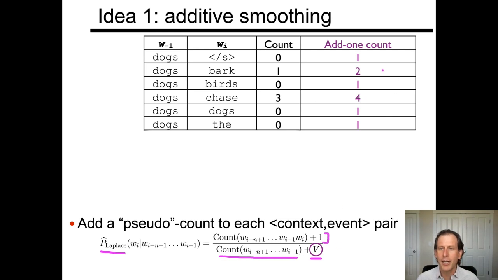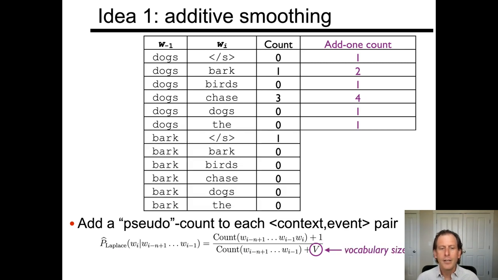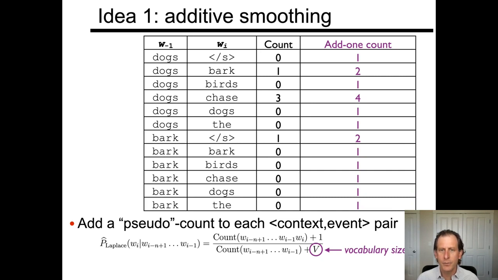And it's the vocabulary size because for a given context, it will get 1 count for every element in the vocabulary. So the vocabulary size will be in the denominator. And I do this for all of the other context event pairs as well, and so forth.